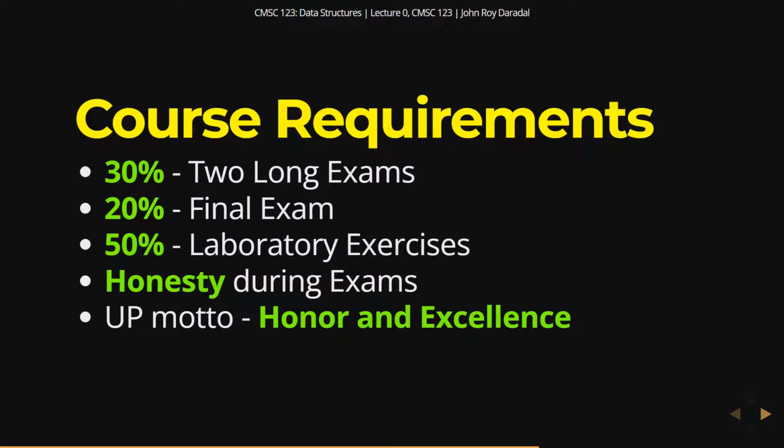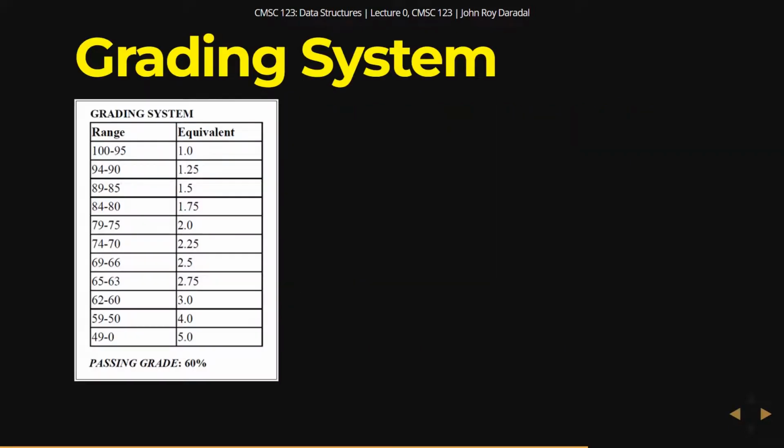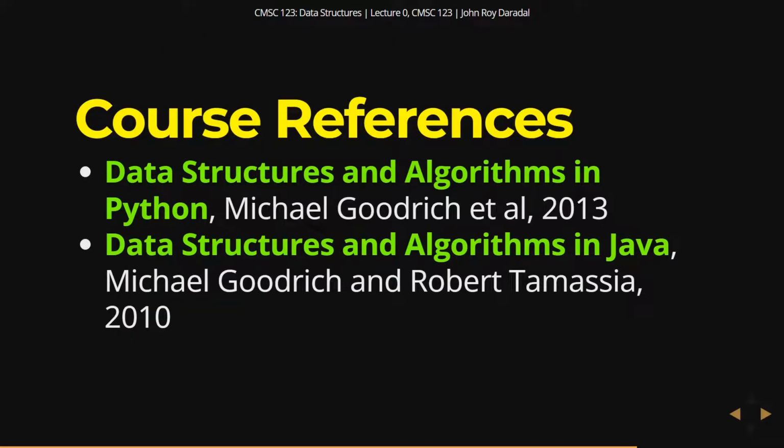Okay, so those are the course requirements. And now, this is the grading system. So if you're curious about how your grade is computed, this is the grading system and the equivalent grades. So the passing grade is 60%, as usual. For the course references, we have 2 main ones. So we have the data structures and algorithms in Python and the data structures and algorithms in Java.